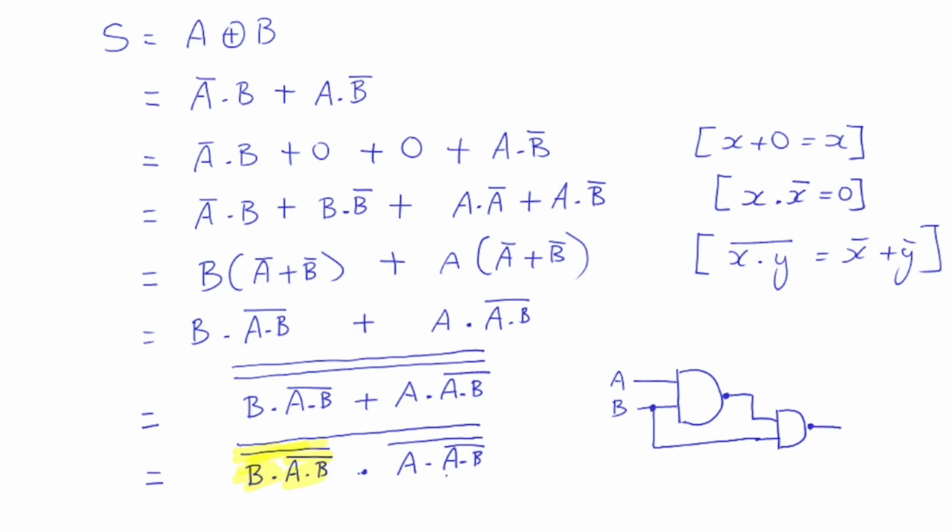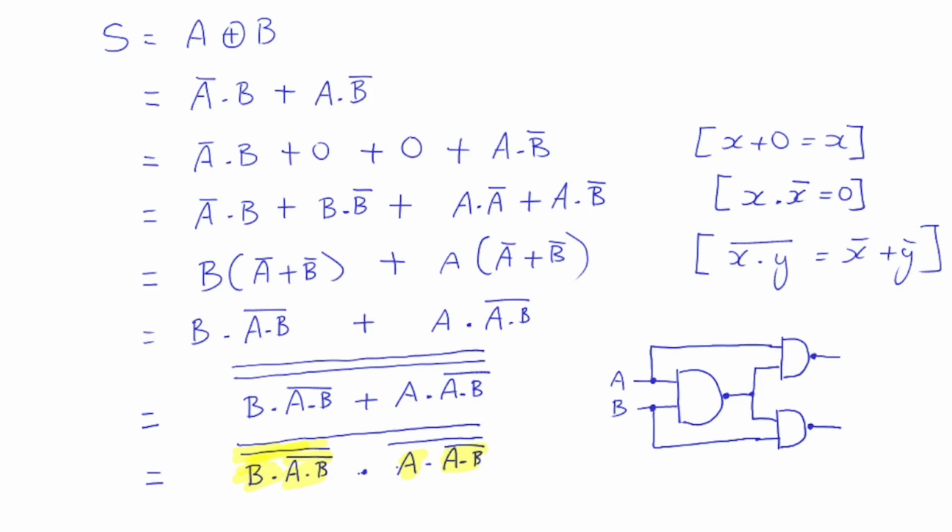And the same thing is happening on the other side with A. That is A dot (A dot B) complement, and then it is getting combined with A. So we are already getting (A dot B) complement over here, but now we have to combine it with A. So we'll take one input from here, and then we'll have one more NAND gate over here.